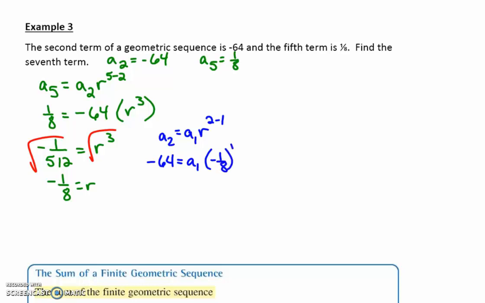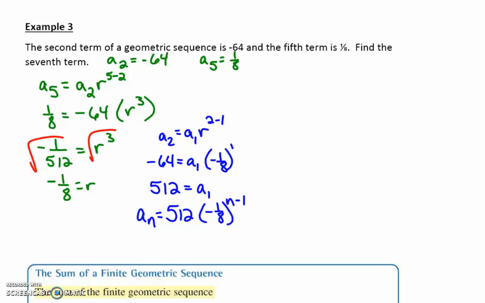In order to get rid of the -1/8, we multiply by -8 on both sides. So a sub 1 is 512. Now we know that our general form is a sub n equals a sub 1, which is 512, times r, which is -1/8, to the power of n minus 1.